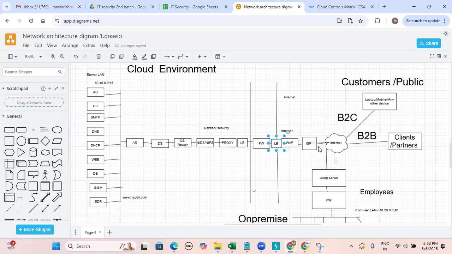If you are going with Azure, they say Azure DDoS protection. If you are going with Google Cloud, they will say Google Cloud DDoS protection. If you are going with OCI, Oracle Cloud Infrastructure, they will say Oracle DDoS protection. It depends on the vendor and service provider terminology. It is different from another vendor's terminology, but concept wise, it is the same.